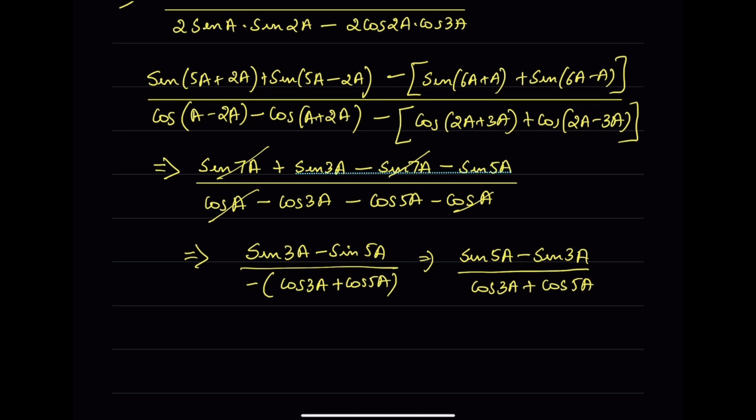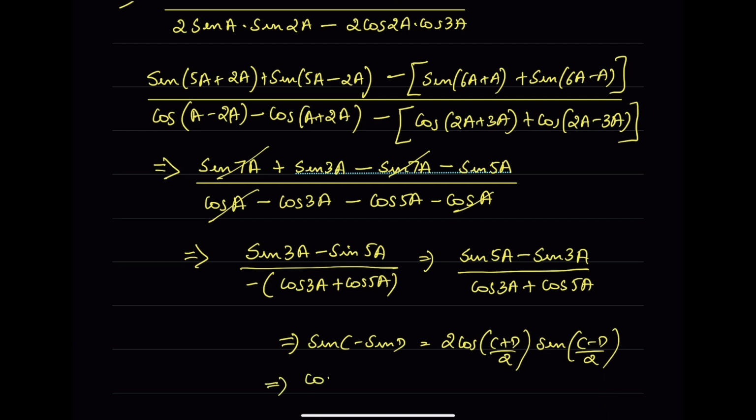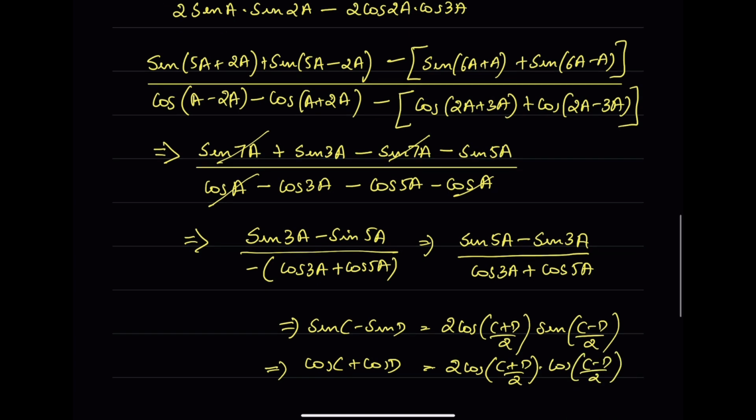Now sin c minus sin d is 2 cos c plus d by 2 and sin of c minus d by 2. Let's apply that now. And in the denominator we have cos c plus cos d, which is 2 cos c plus d by 2 and cos of c minus d by 2.